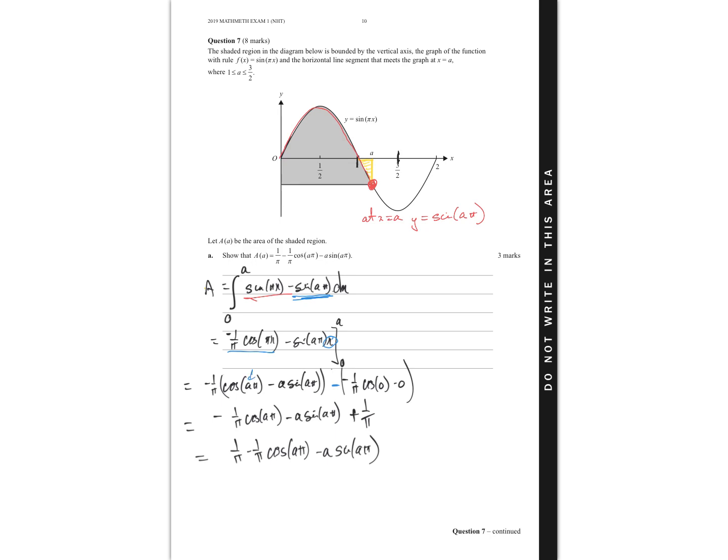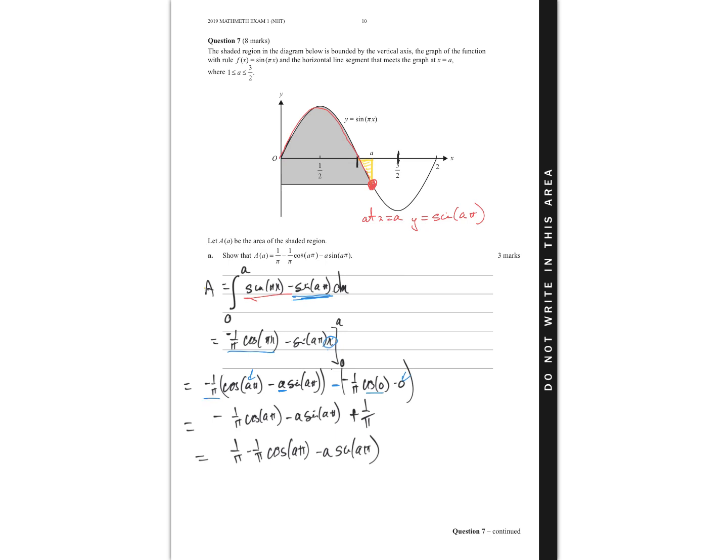I now want to evaluate this thing between a and 0. Put an a in, negative 1 on pi cos a pi minus the a is for the x, a sine a pi, subtract in brackets, negative 1 on pi cos of 0. If I put 0 in for x, I get a 0 at the back.